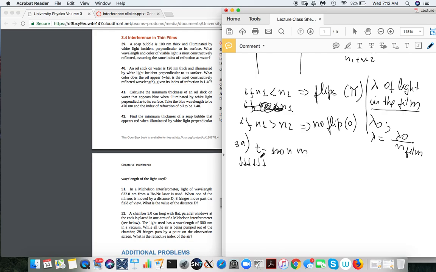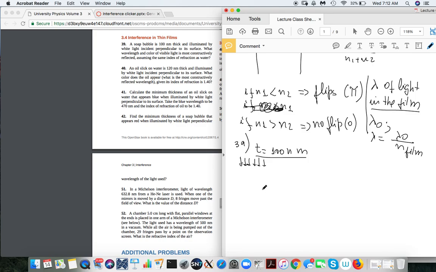So that's the idea. That's why we see different colors, because some of the colors destroy themselves, some of the colors add themselves.